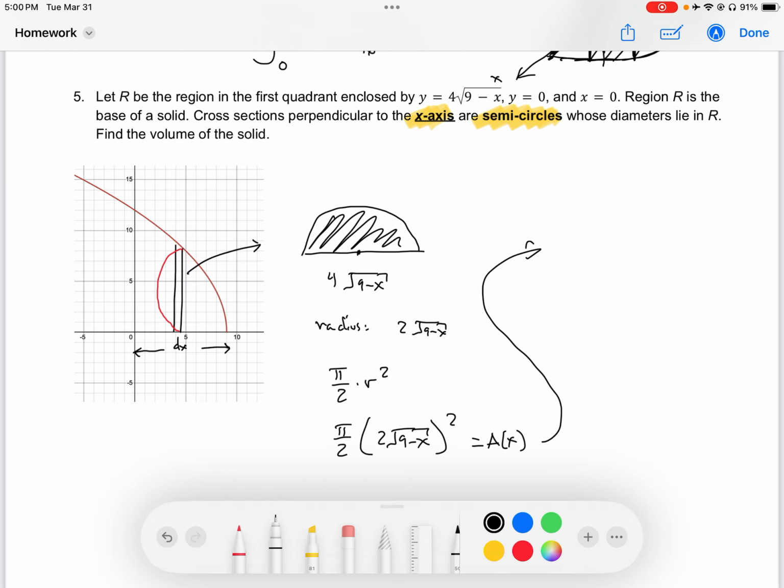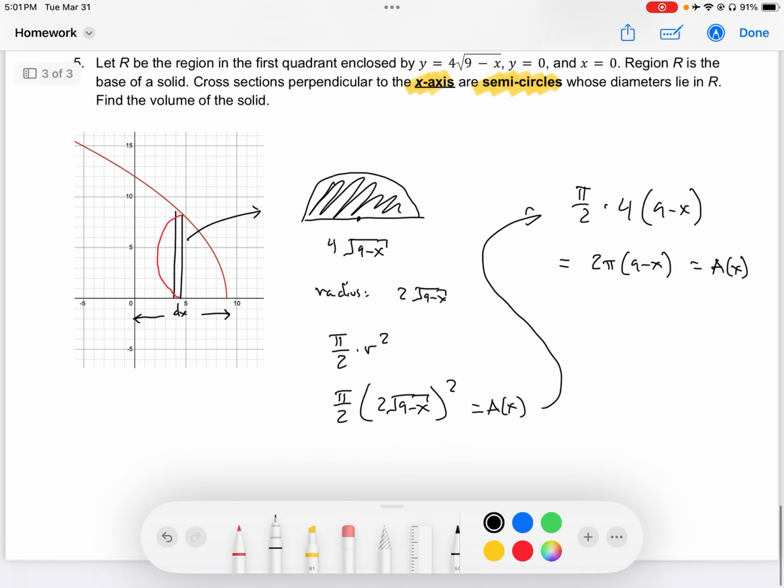Let's simplify that to pi halves times 4 times 9 minus x, because if I square 2, I get 4, and if I square root 9 minus x, I get 9 minus x. That simplifies to 2 pi times 9 minus x. Great, that is my cross-sectional area.